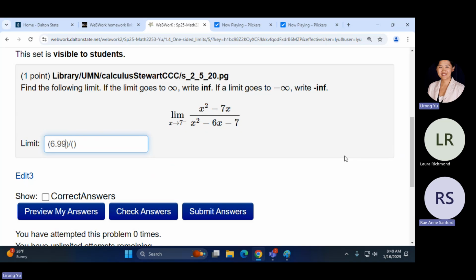So 6.99 is almost 7. So 6.99 minus 7 times 6.99. That's how you find the one-sided limit using numbers. And the denominator will be 6.99 squared minus 6 times 6.99 and then minus 7.